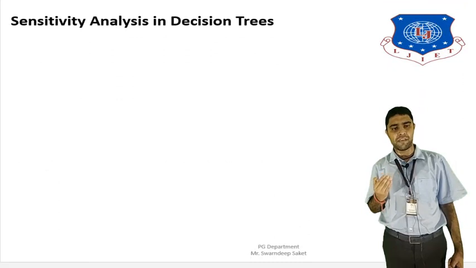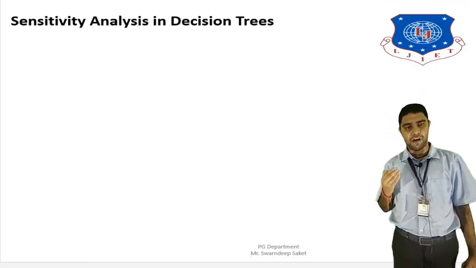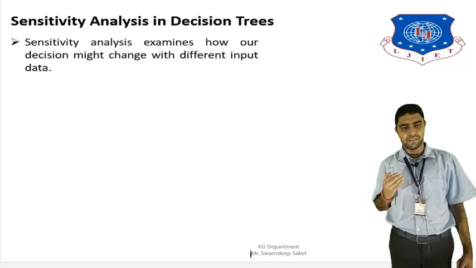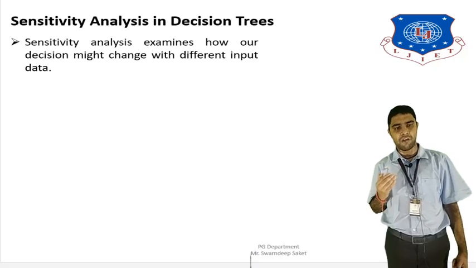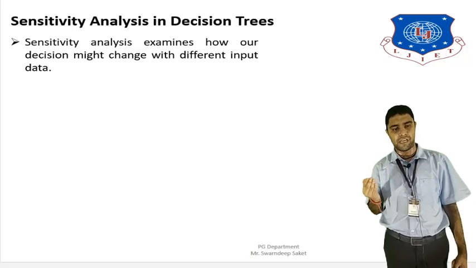Next topic is about sensitivity analysis in decision trees. How does sensitivity analysis play an important role in decision trees? Sensitivity analysis examines how our decision can change, how we can change from one decision to another decision using different types of input data.